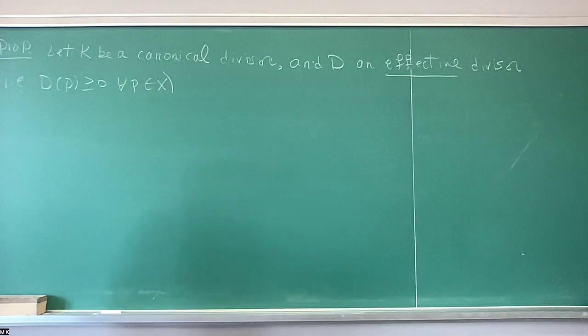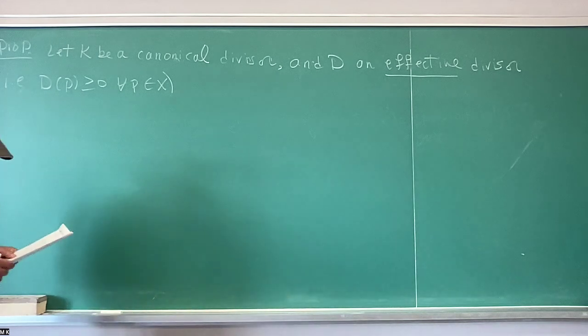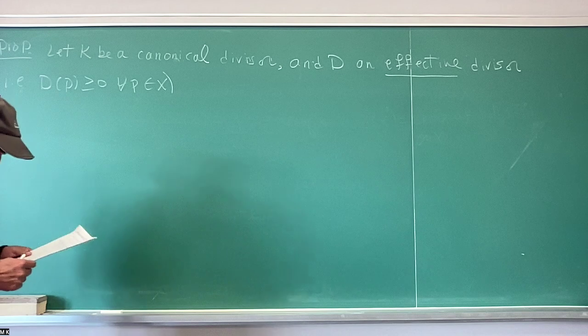The degree of D is finite because the definition of a divisor is that it is non-zero at only finitely many points. Okay.